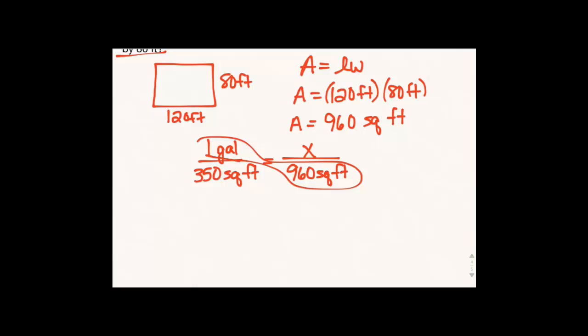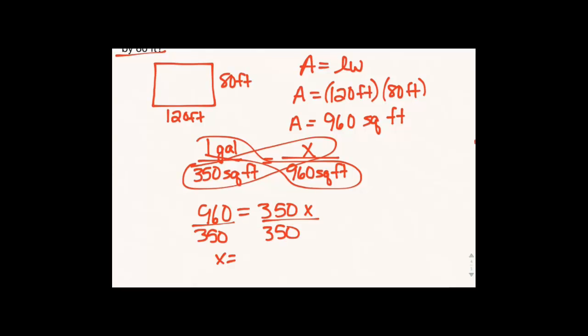Multiply that, we get 9600 equals 350 times x. So we divide both sides by 350, and we get x equals a decimal. It ends up being 27 and some part. X ends up being 27.4 gallons.